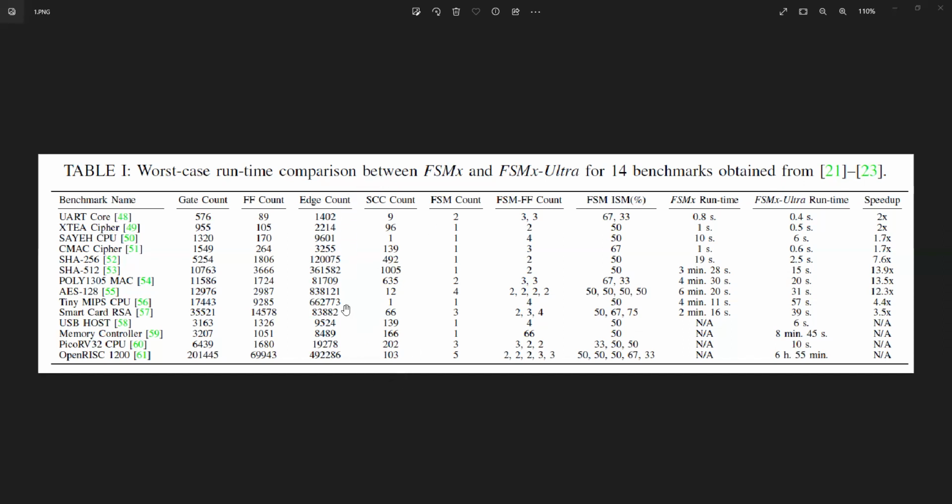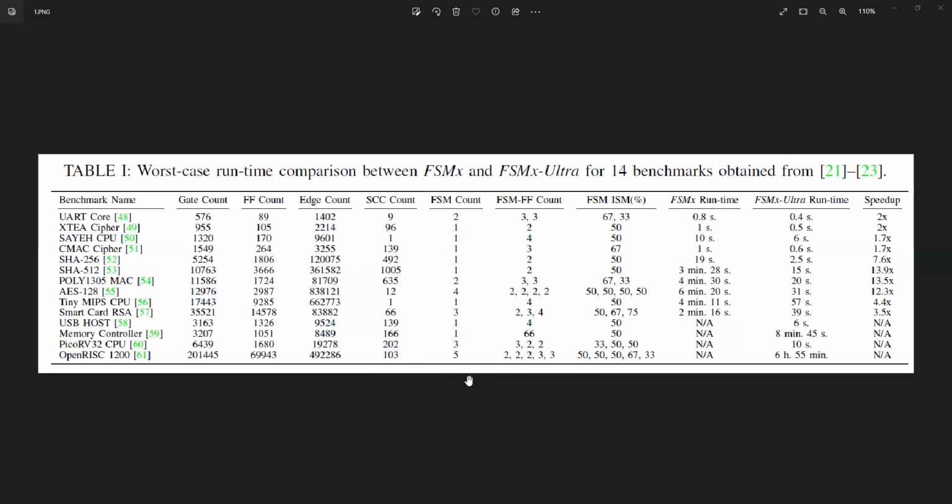The number of strongly connected components is shown here. There is an algorithm called Tarjan's strongly connected component algorithm, or SCC algorithm, that you can use to identify all the SCC regions present in a certain graph. You can also apply it to a netlist graph, no issues. That will provide you the number of strongly connected components in a netlist graph, and this result is presented here.